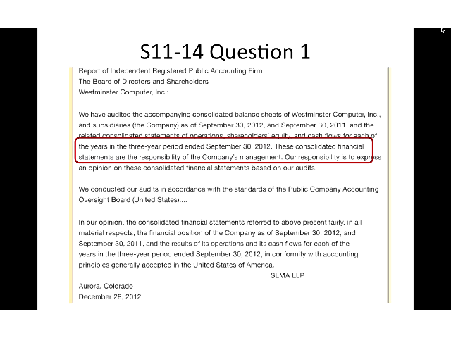In the second report, you see circled, these consolidated financial statements are the responsibility of company management. So our auditors are saying it's the responsibility of company management. That's law.